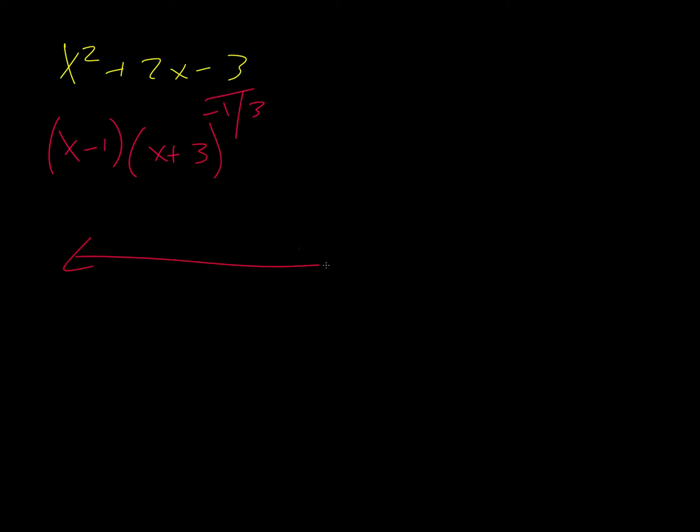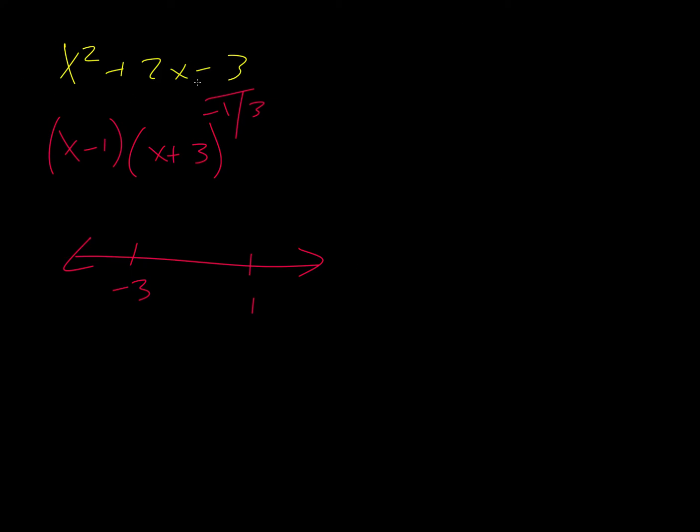Now we have x squared plus 2x minus 3, and we're asked to draw a sign diagram. So we need to know the x-intercepts, so I'm going to factor it. So we get x minus 1, x plus 3, and so the roots that come from that are -3 and +1.